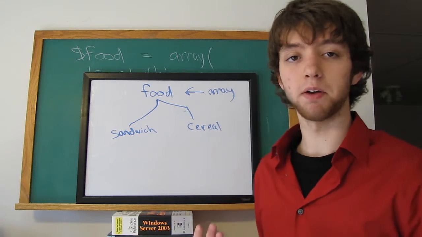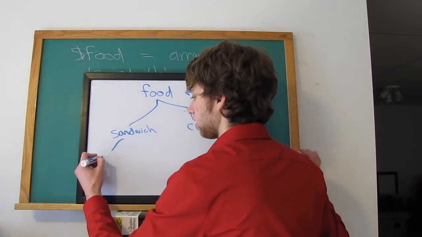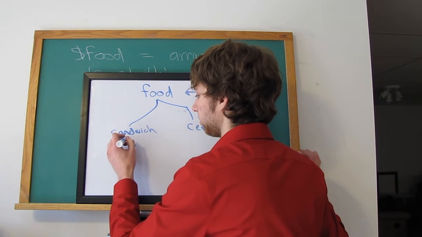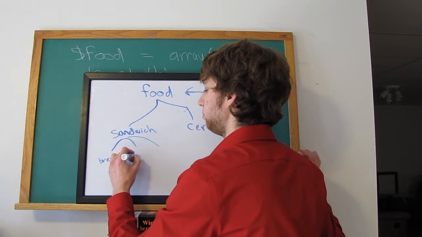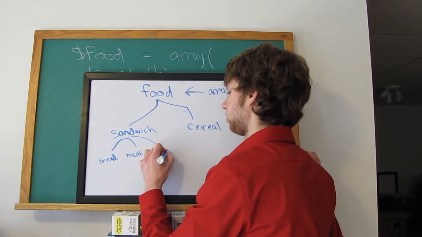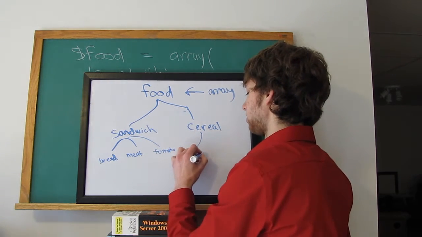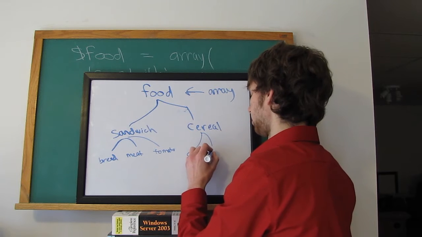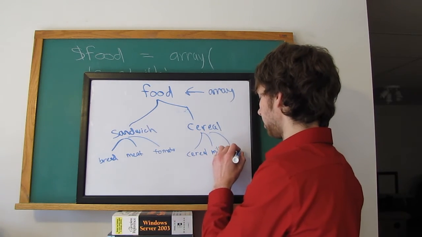What if we make these values arrays themselves? Well, sandwich has, I forget what sandwiches are made out of, bread, meat, and a tomato. Now cereal contains cereal, milk, and a banana.